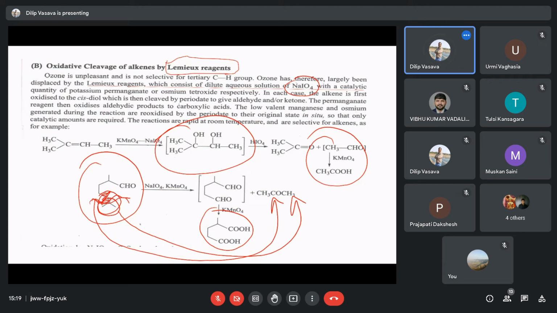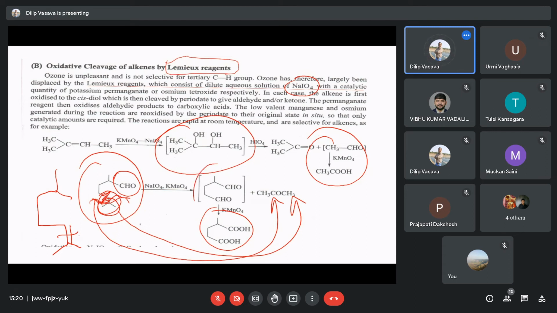Second thing, here it is also there that an aldehyde group is already present in the reagent itself, and in this case it was given the double bond. Okay, so this is cleavage.